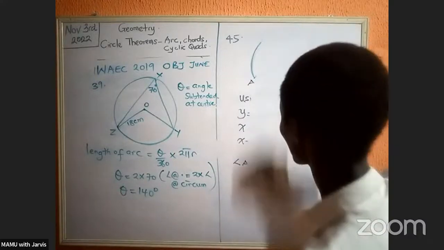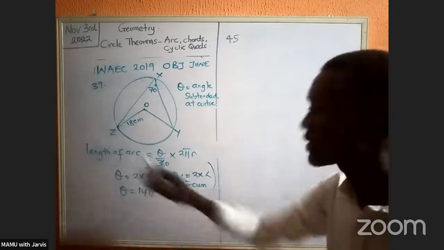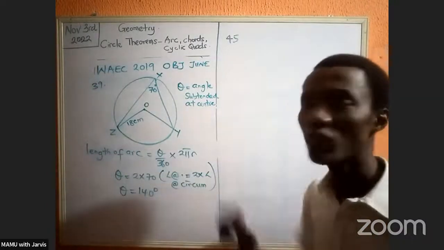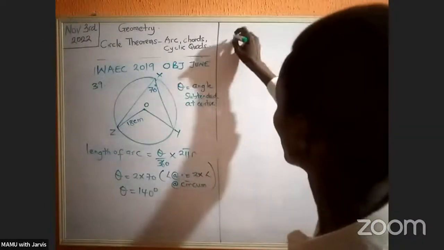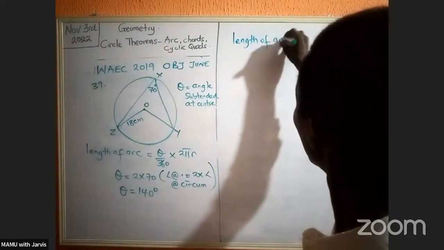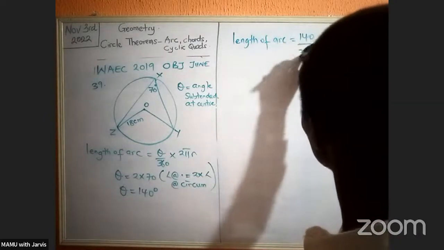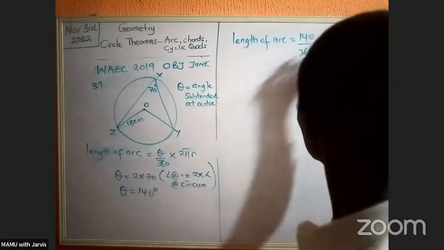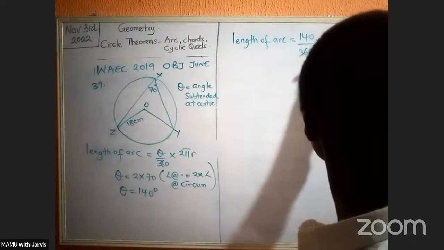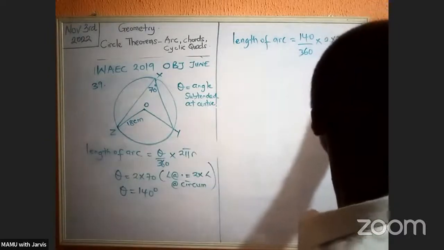All right. So once we get this, we can now find the length of the arc. You see that this is one question where this theorem meets with length of arc. So length of arc will now be equal to 140 over 360 times 2 times 22 over 7 times the radius, which is 18.